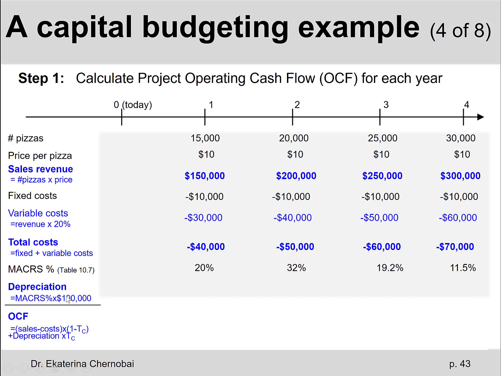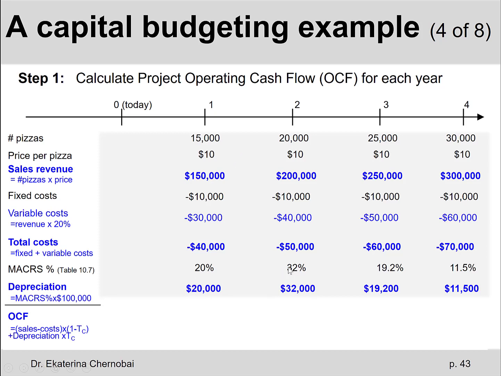And that's given, $100,000. So for every year of this 4-year project, we would need to take $100,000, the initial investment or the initial book value, and multiply it by the respective depreciation rate for that year. So for year 1, it's a 20% depreciation rate multiplied by $100,000, which gives $20,000.